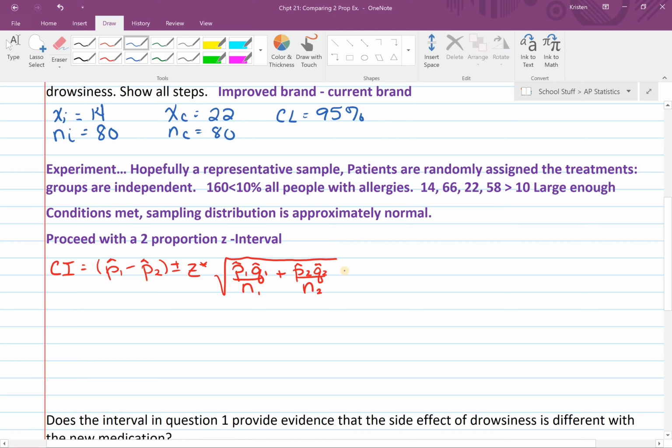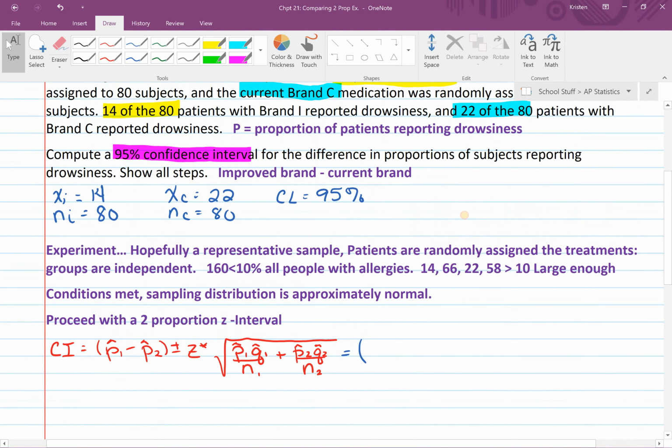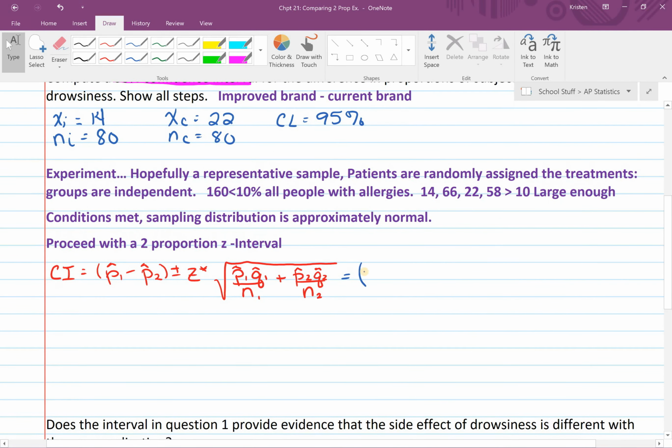Now I'm actually going to do my computations. Just like I stated before, we're doing improved brand minus the current brand. So that means I'm going to have 14 over 80 minus 22 over 80 plus or minus. Now z star in this case is my critical value for a 95% confidence interval.